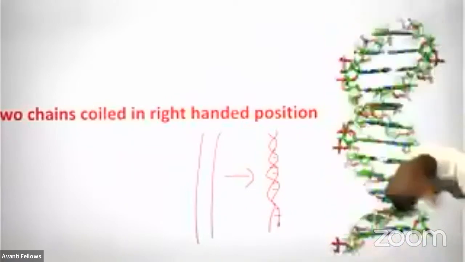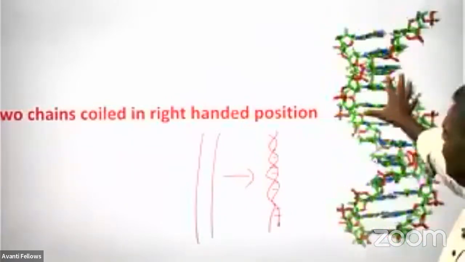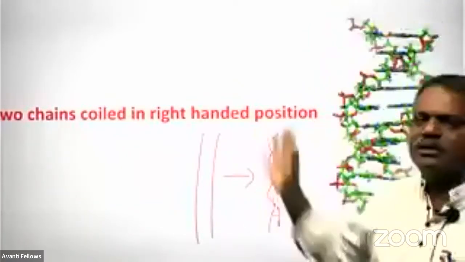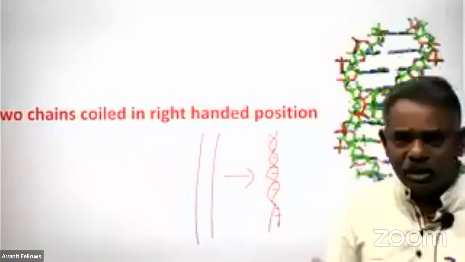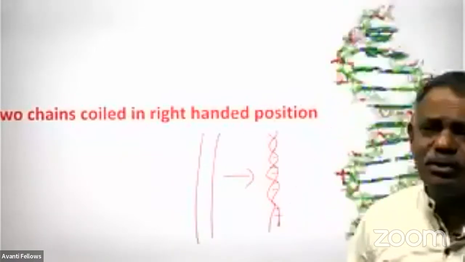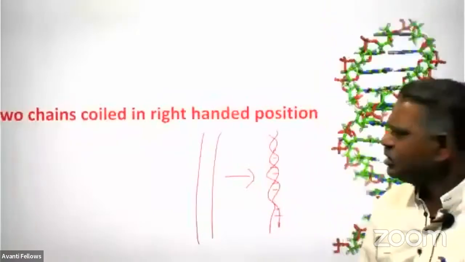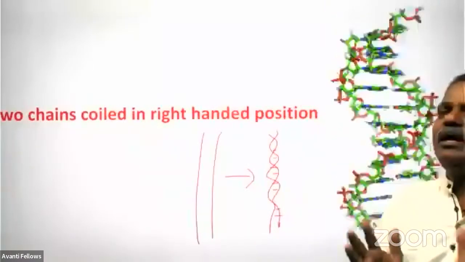And this is the functional structure of DNA present in all individuals, and this DNA works as the genetic material in most individuals, except retroviruses. Because in retroviruses, DNA is not there.